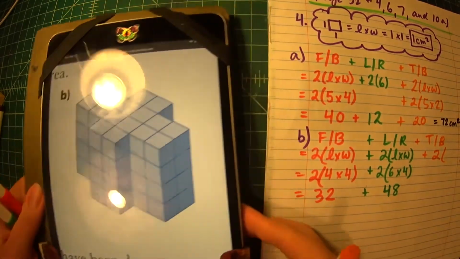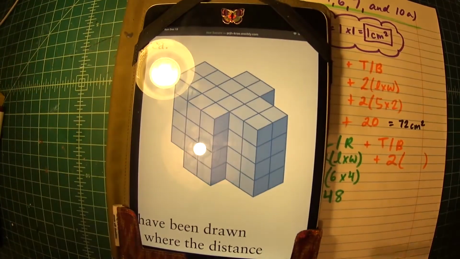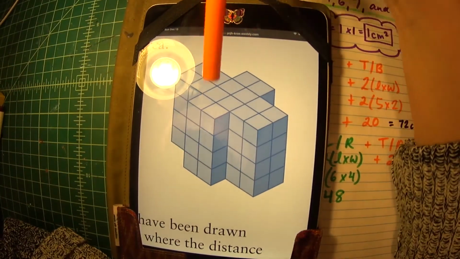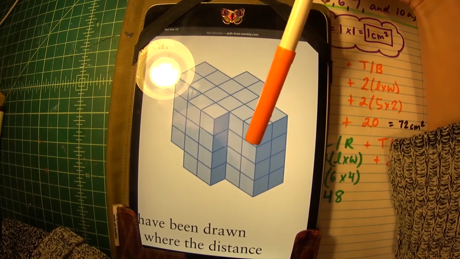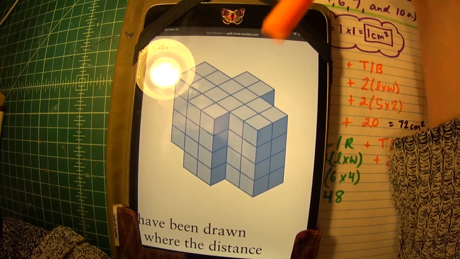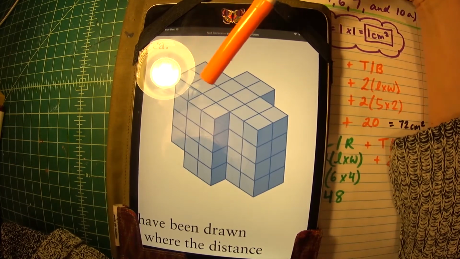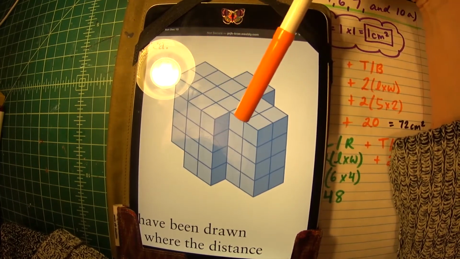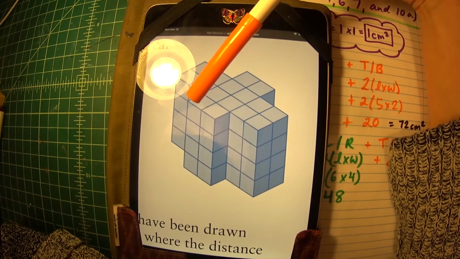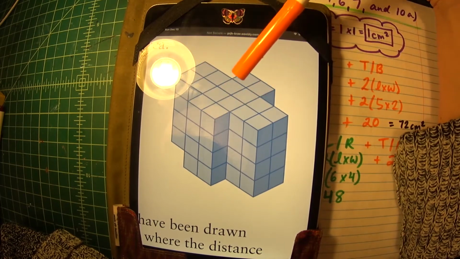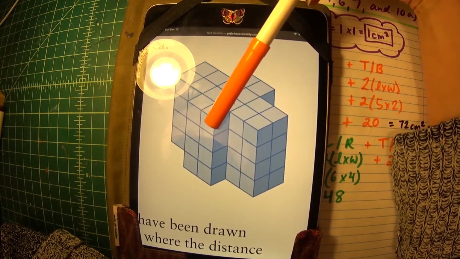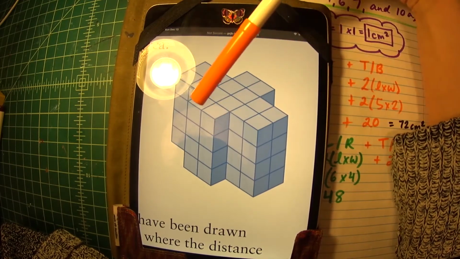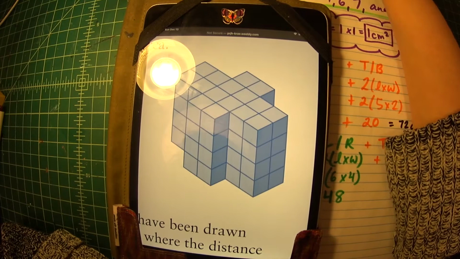So now finally, top and bottom. So if I imagine I'm looking straight down at the top, the two-dimensional shape that I would see is this cross shape here. So again, if I didn't have the square units drawn for me, then I could break this down into multiple rectangles, and then just do length times width plus length times width plus length times width. That would work just fine.